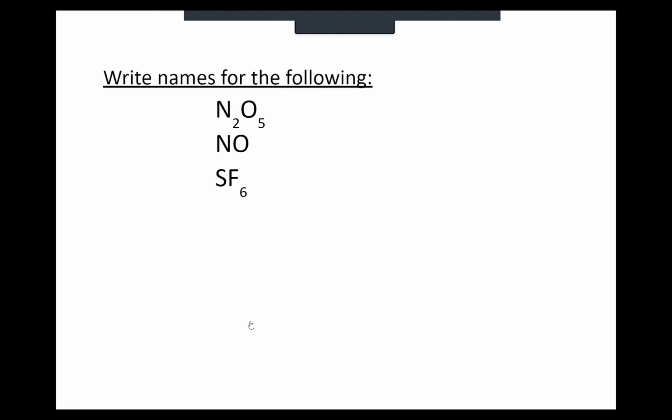Let's tackle some examples together. Here are three compounds that we're asked to write names for: N2O5, NO, and SF6. First, a quick glance at the periodic table would enable you to figure out we've got nothing but nonmetals. All of these elements are to the right side of the stair-step line. And so we're dealing with strictly covalent compounds.